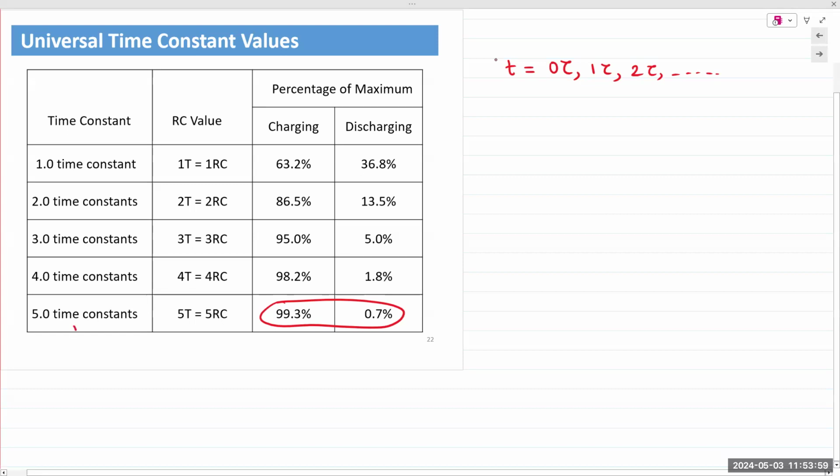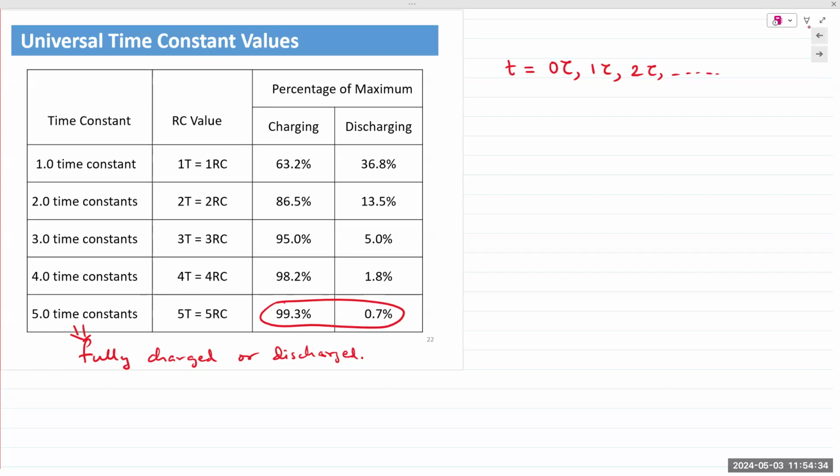So after 5 time constants, we say that it is either fully charged or discharged. This is standard accepted practice in electrical engineering. After 5 time constants, we put an end to it. Mathematically, it does not matter. You could put in 1 million time constants and you would still obtain an answer.